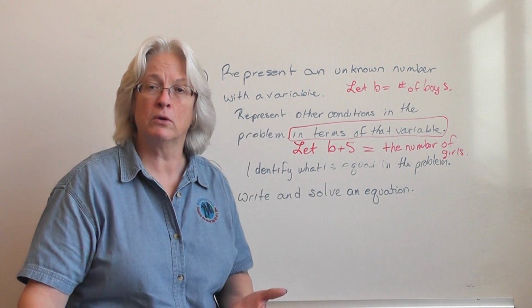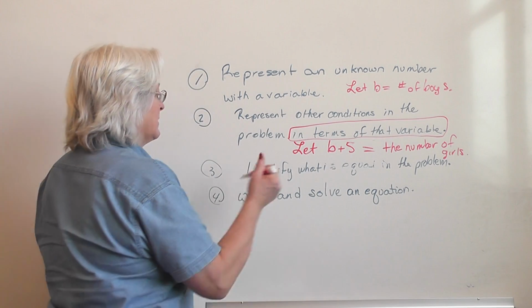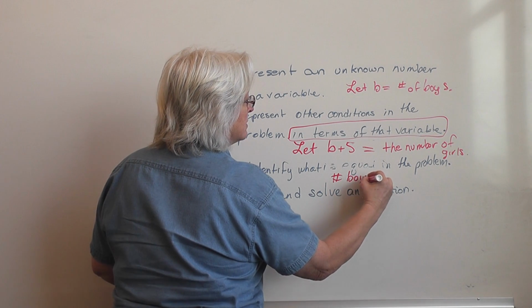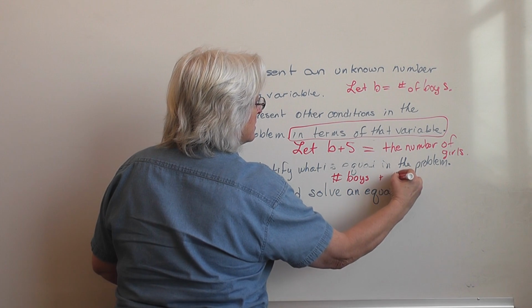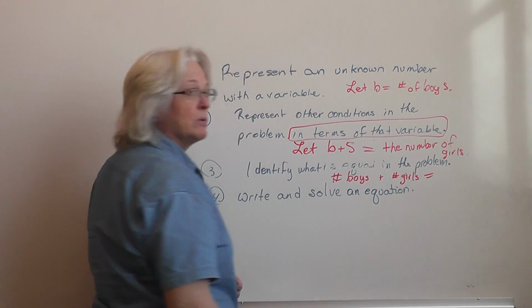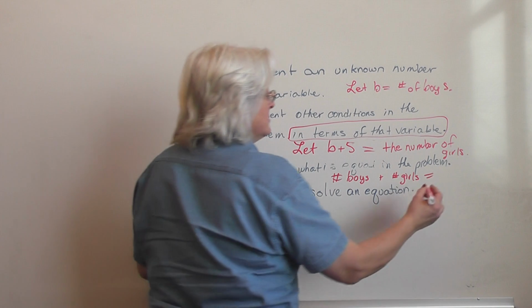So what's going to be equal? Well, think about this. The number of boys plus the number of girls is equal to what? The total number of students.